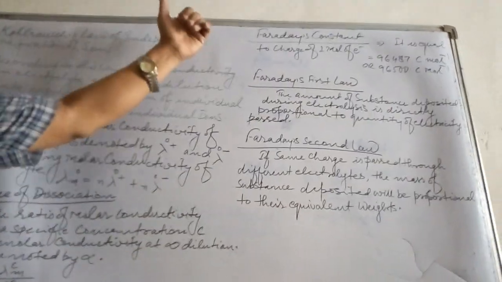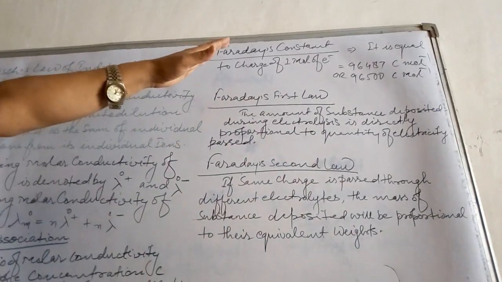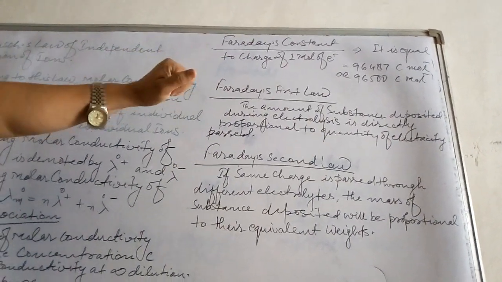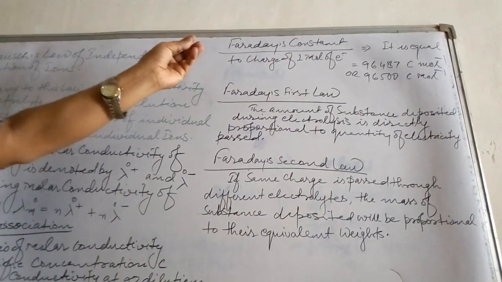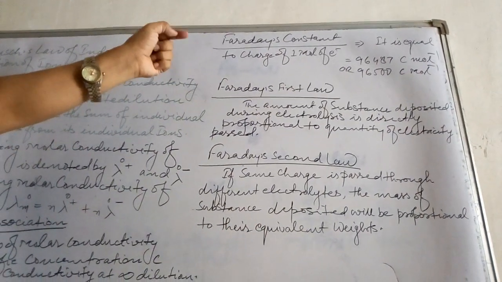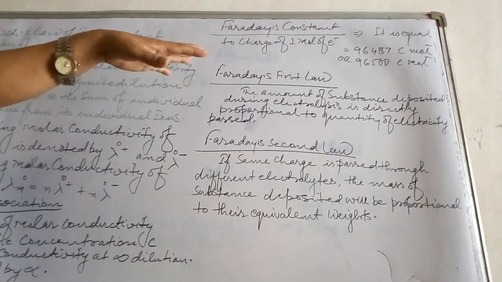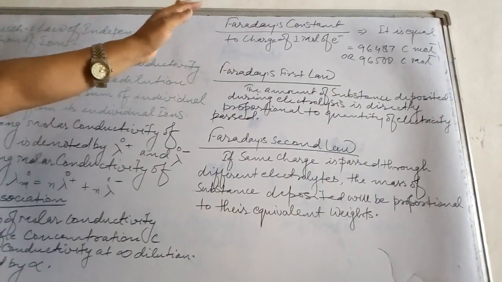Now children, Faraday's constant: in previous classes, even in physics, you have gone through Faraday's constant. It is equal to the charge of 1 mole of electrons. What is the 1 mole? The number of electrons, 6.02 into 10 raised to power 23, multiplied with the charge of an electron, 1.6 into 10 raised to power minus 19 coulomb.